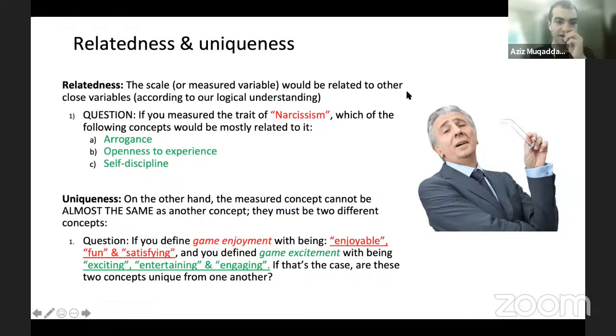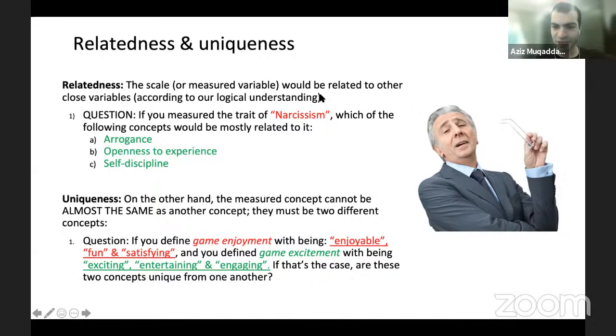Now this is something related to things outside the construct that you're measuring and how they relate to other things. So relatedness means that the measured variable you develop a scale for should be related to other concepts that are theoretically and logically related to it when you measure them as well.